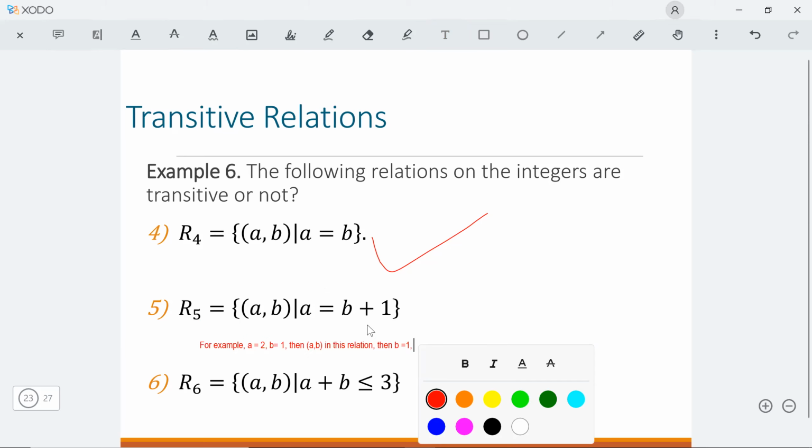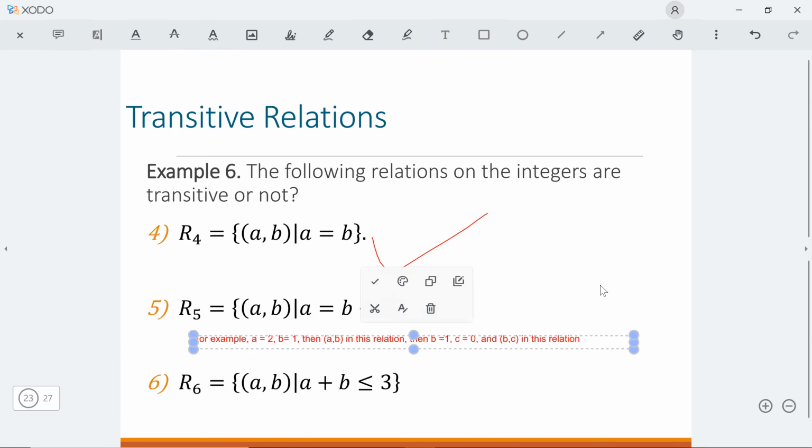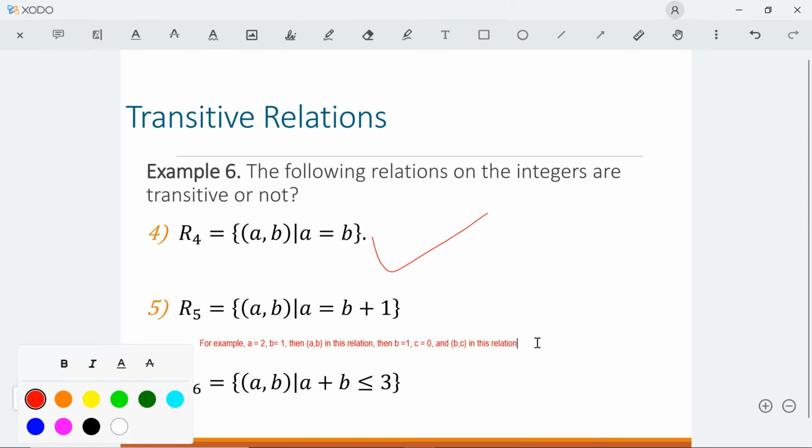Then C equals 0 and BC is in this relation. So with A equal 2, B equal 1, C equal 0, do we have A equals C plus 1? Now A equals 2 and C equals 0. So 2 is not equal to 0 plus 1, because 0 plus 1 equals 1. So although we have AB in the relation and BC in the relation, our AC is not in this relation.